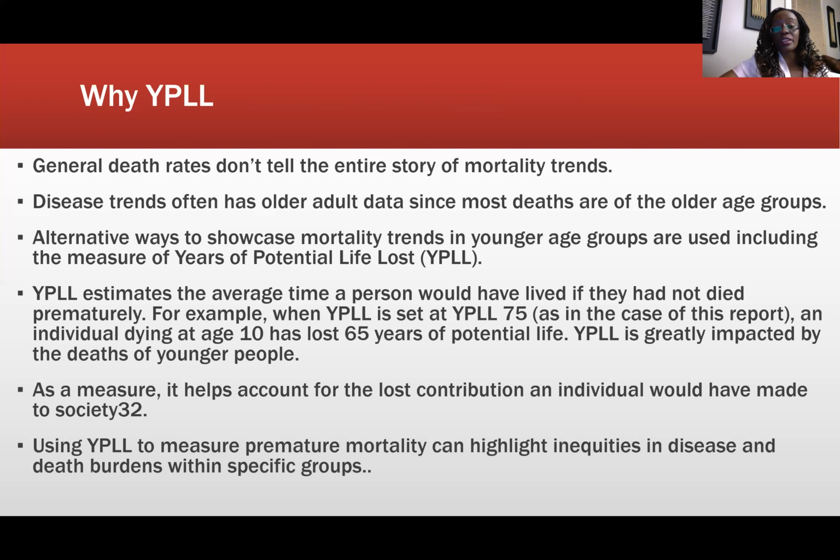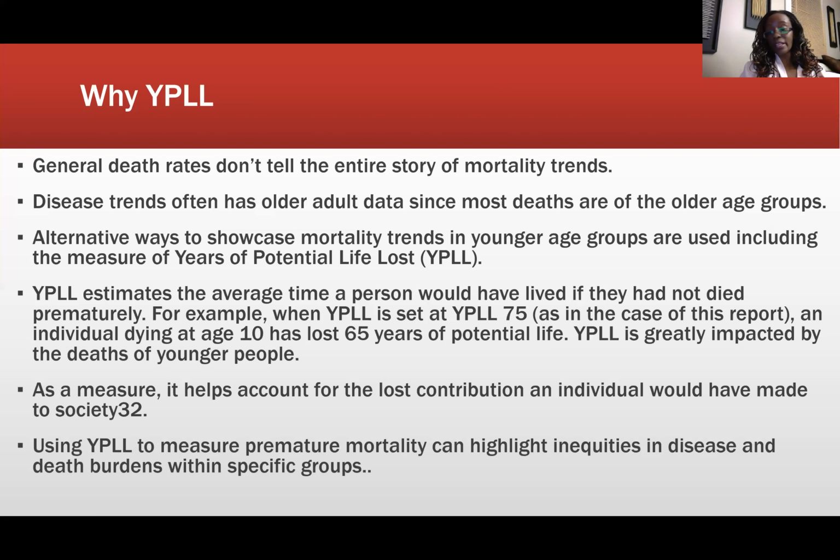On the other hand, if a person dies at 65, then they've only lost 10 years of potential life. So when one race or one ethnicity or one neighborhood has a lot more people dying before the age of 75, then that particular area or ethnicity or race has a higher YPLL, which is an issue.